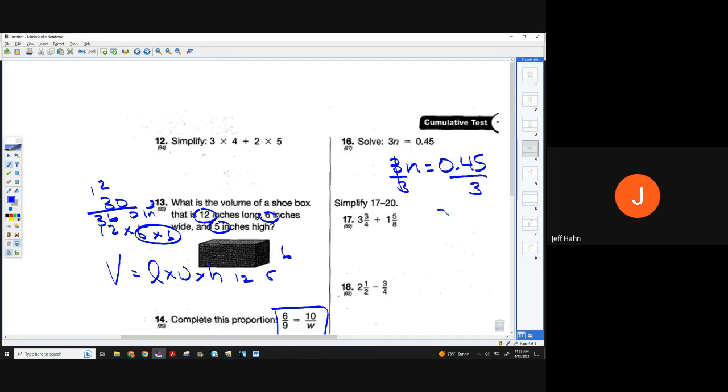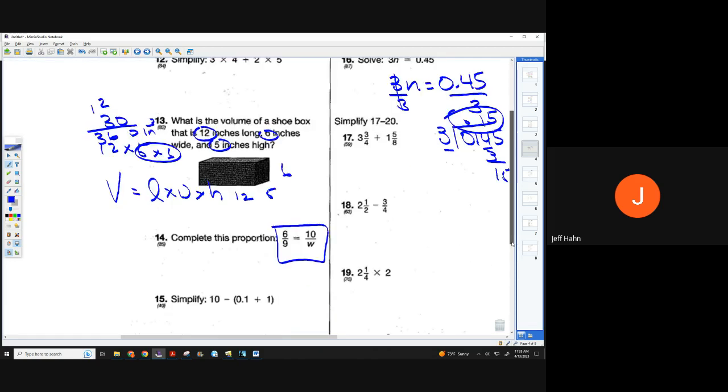The bottom number goes into the top. The 3 goes on the outside and the 0.45 goes in the middle. Bring up your decimal, 3 goes into 4 once, and 3 goes into 15 5 times, so it's 0.15 over 5.